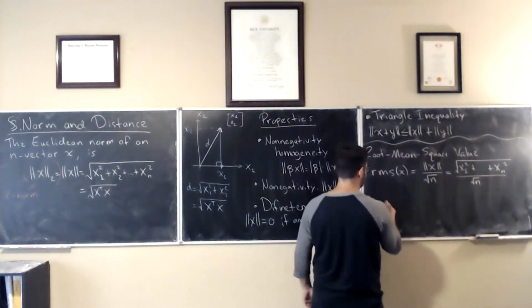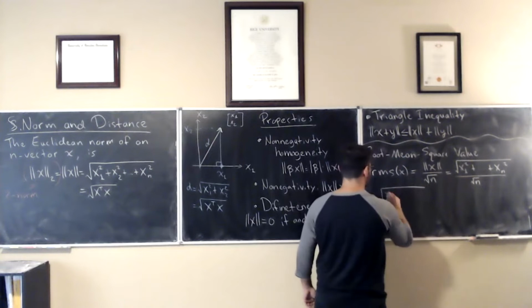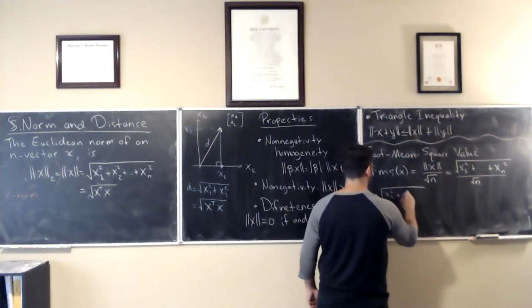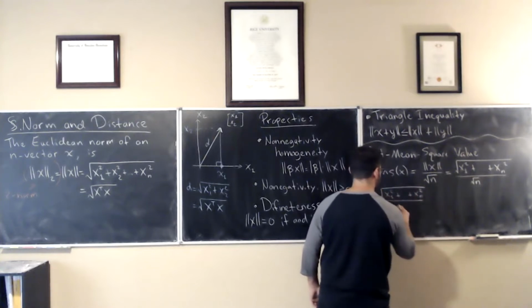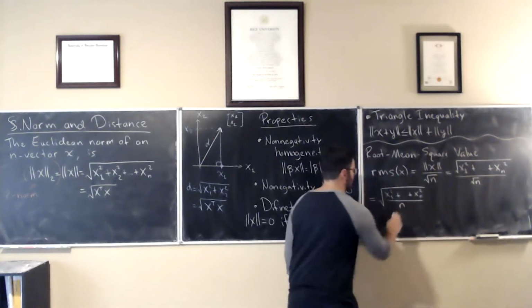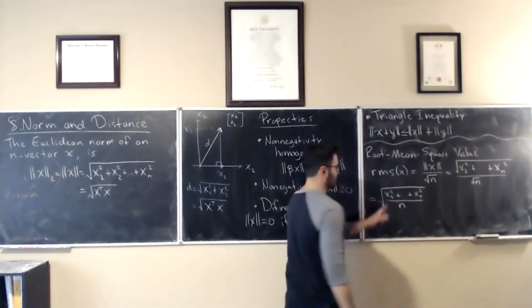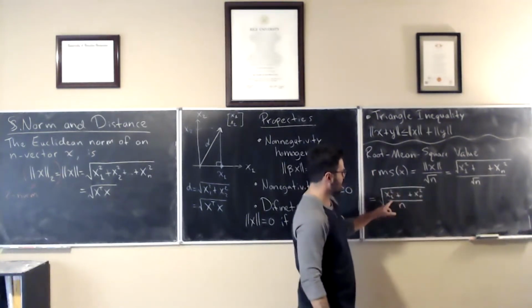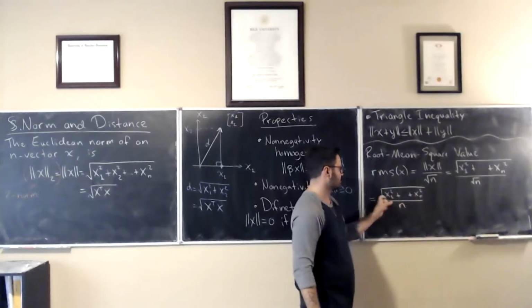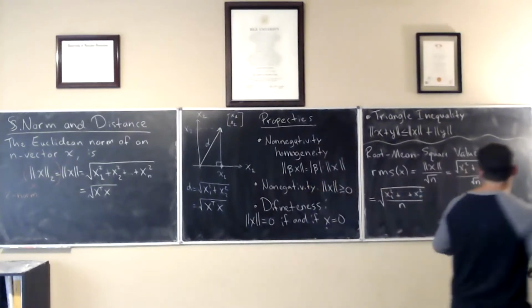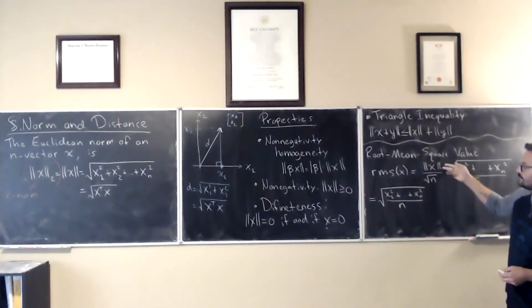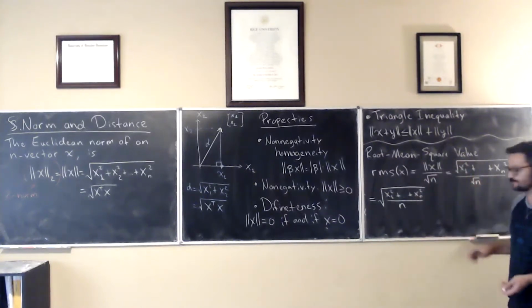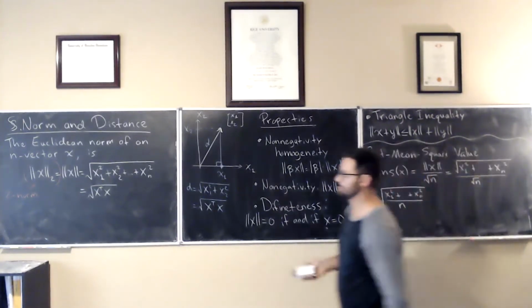This is saying the square root of x1 squared plus dot dot plus xn squared all over n. So what is this? This is the mean or average of the squares of the entries of the vector, and then you're taking the square root of it. But this notation will become cumbersome in the future, so you can see how writing out the norm instead of writing all of this will make things shorter.